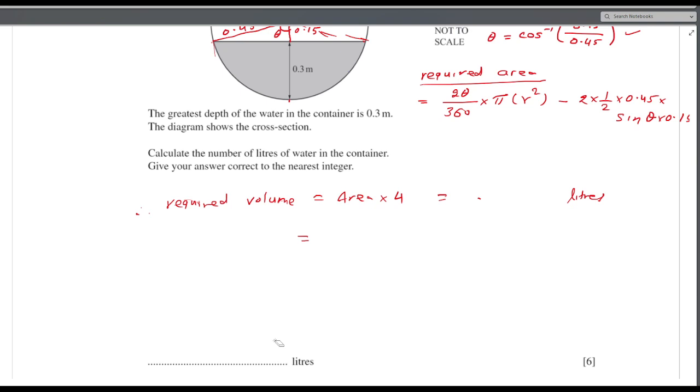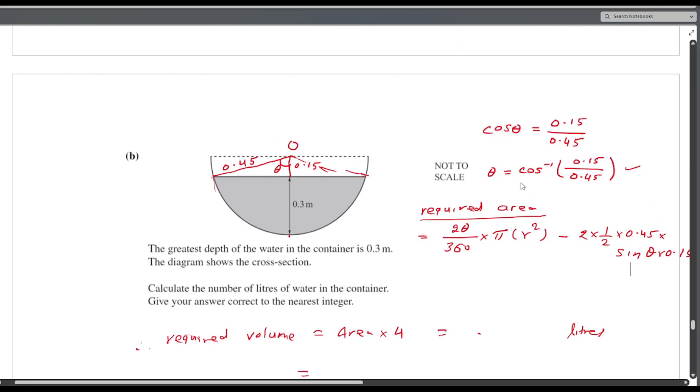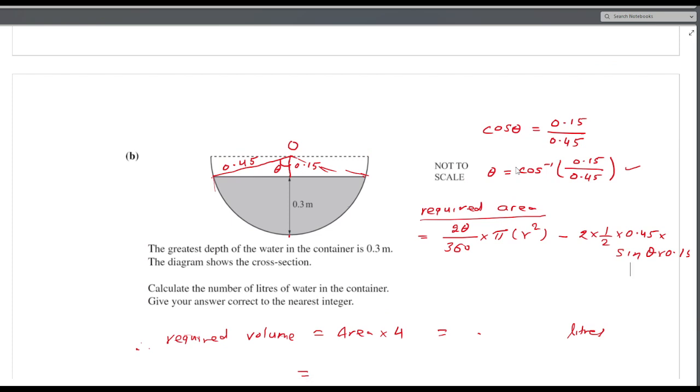So here 2 theta means 2 times cos inverse of 0.15 divided by 0.45, divided by 360 multiplied by pi into 0.45 square, minus 0.45 into sine of cos inverse of 0.15 divided by 0.45, into 0.15.